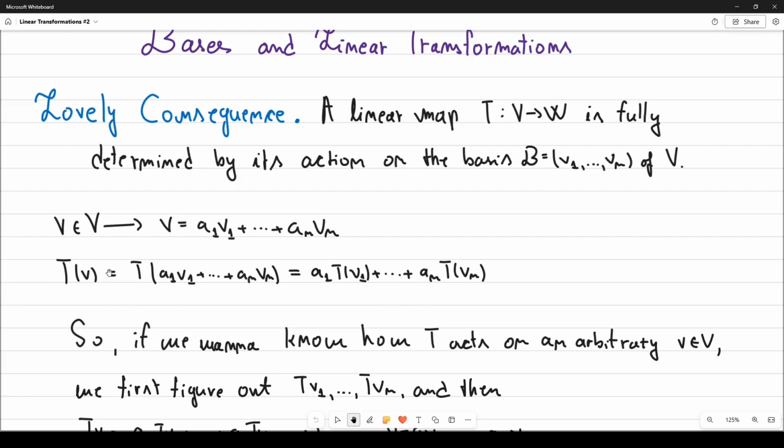So if I want to know what T of v is equal to, it turns out I just need to know the scalars that were used to write v as a linear combination of the basis vectors, and I just need to know what T does to the basis vectors of V. For if I have that information, then I know what T of v will be equal to.